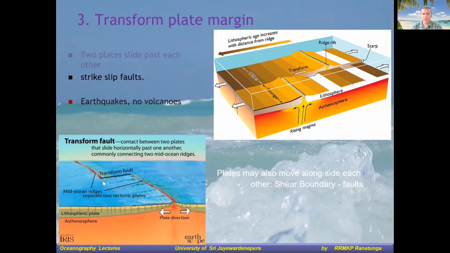The only obvious difference is this change in the line, which we call the fault line. And there can be earthquakes, but there is no volcanism in this case, right? A lot of earthquakes due to this transform plate boundary, but no volcanic activities, right?